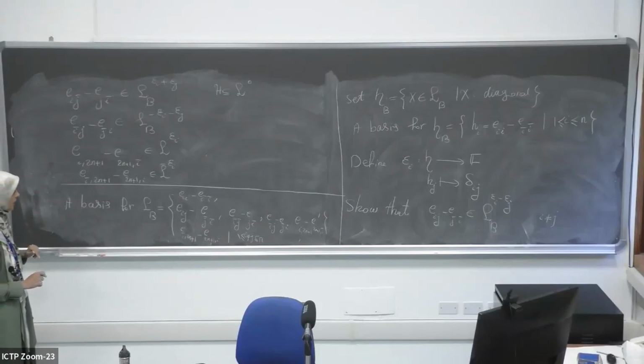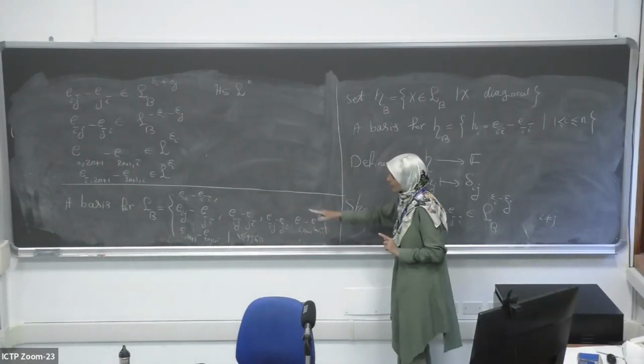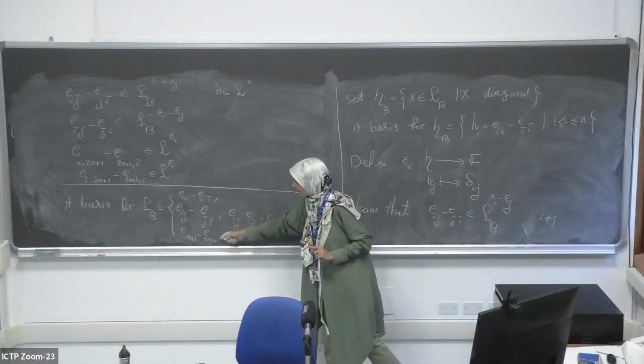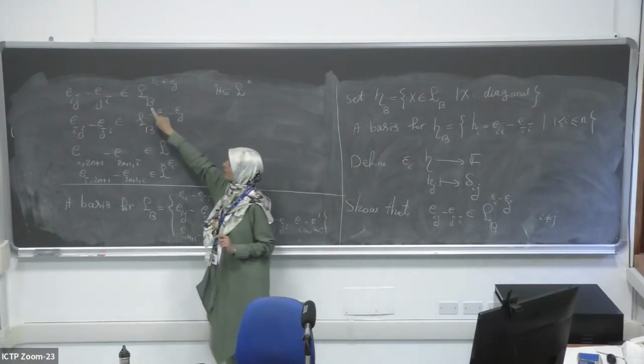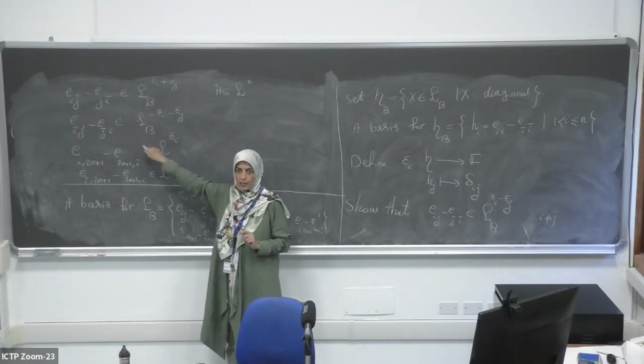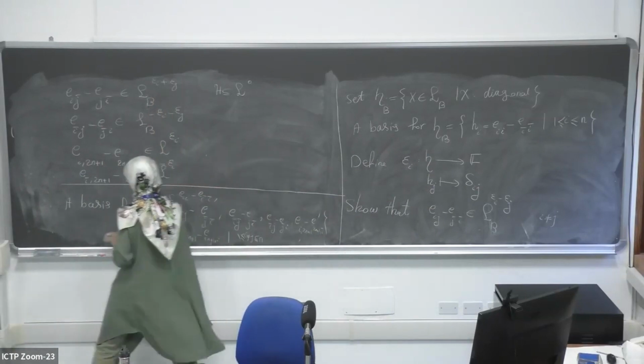Okay. So look at this. The basis for L_B is this, and each element is an element of such weighted spaces. So what we get is this.